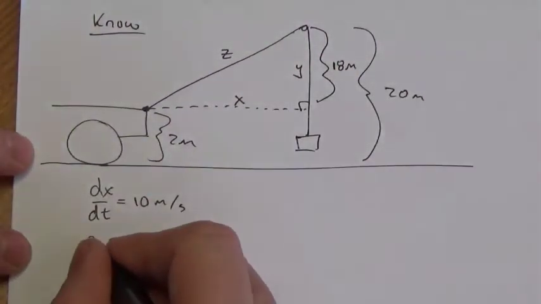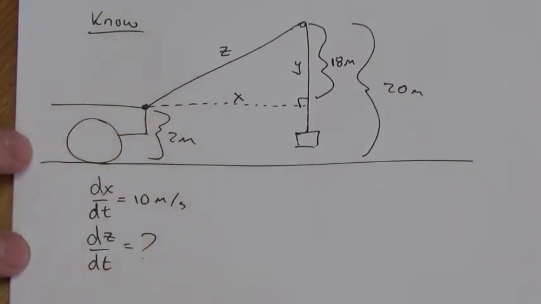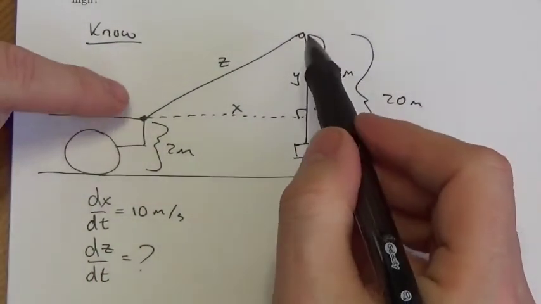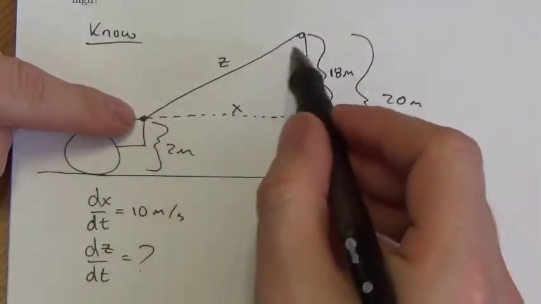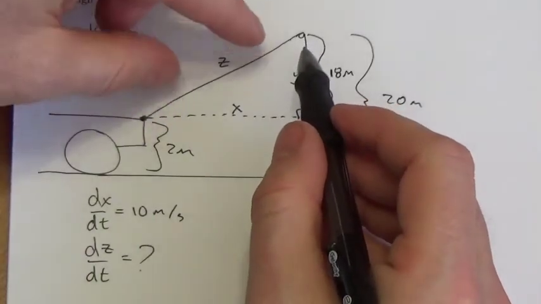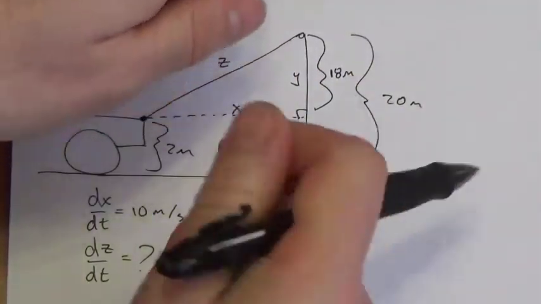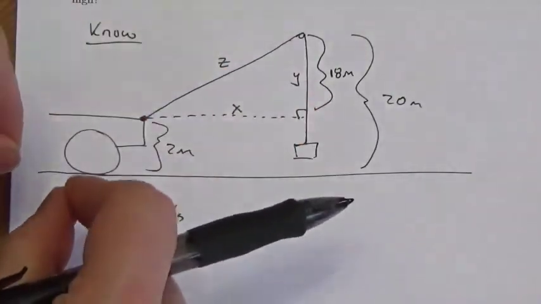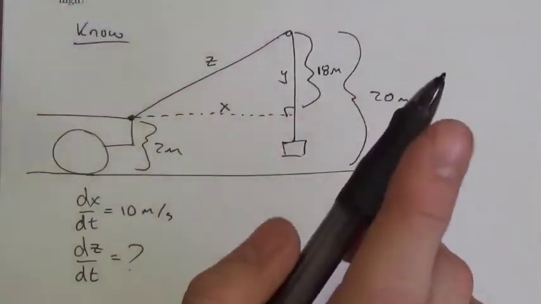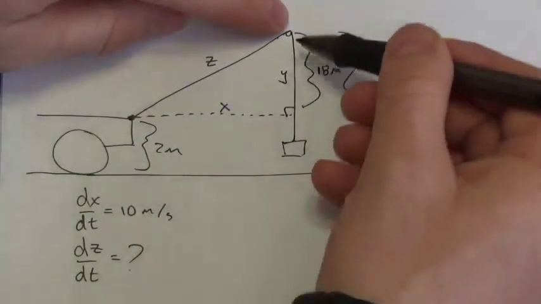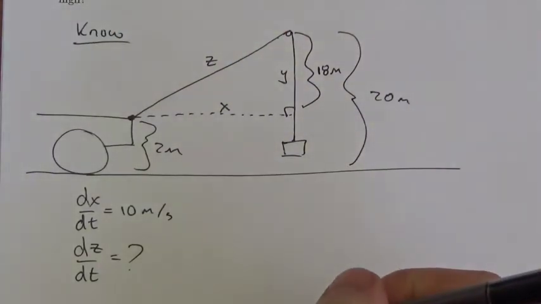What I'm looking for here is actually dz/dt. That's what I don't know. Now, that's the distance of the rope, the rope connecting the truck to the pulley here. Because as this increases, the weight is going to fly up. If z gets 1 meter longer, the distance from the pulley to the weight is going to get smaller by a meter.